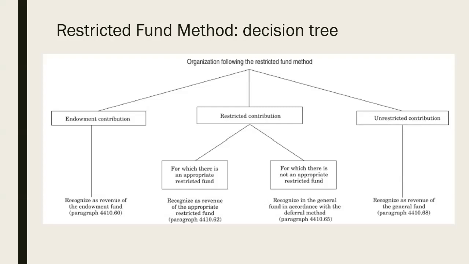Now, the Silver Jubilee or the 25th anniversary is a one-time event. Once you've celebrated your Silver Jubilee, it's never going to be possible for that society to celebrate its silver jubilee next year, right? I mean, that wouldn't make sense. So that is where it may not be appropriate to create a new restricted fund for that purpose. And so in that case, any contributions received for the silver jubilee celebrations will initially be recorded in the general fund, but deferred. And later on, when related expenses are incurred, they will be brought into income.